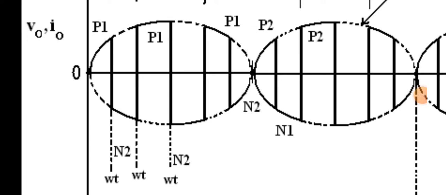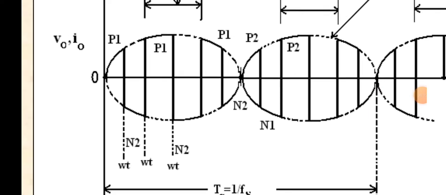Hence, the output voltage waveform now traces the negative envelope of the supply voltage. At instant omega t2, thyristor N2 is force commutated and P1 is turned on, so the load voltage again traces the positive envelope.